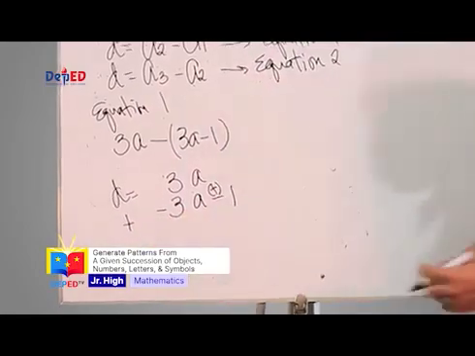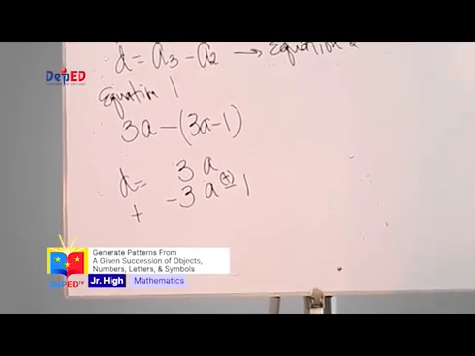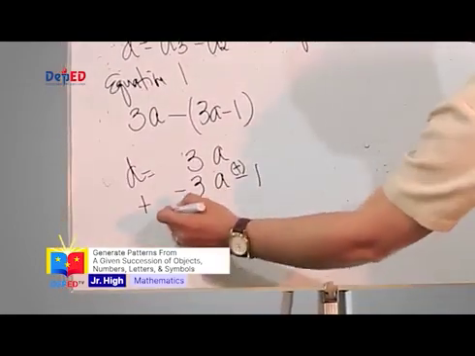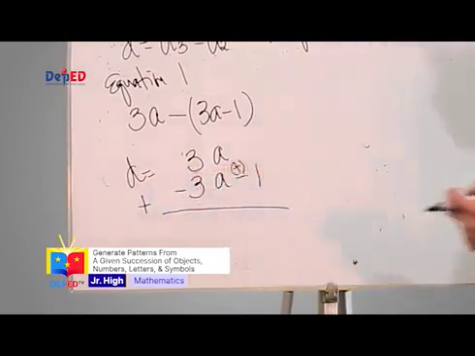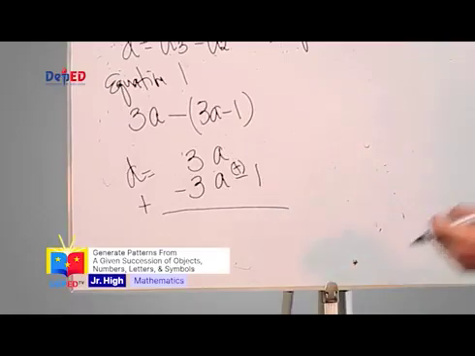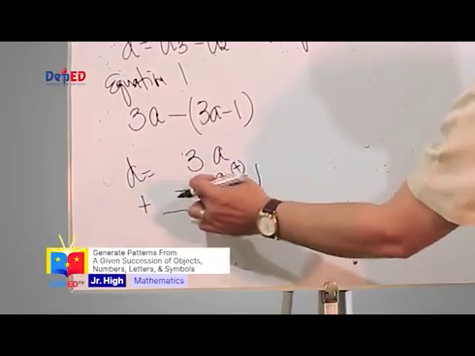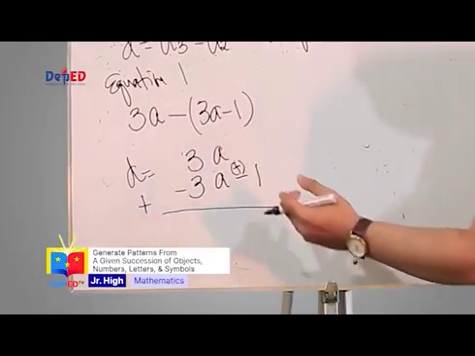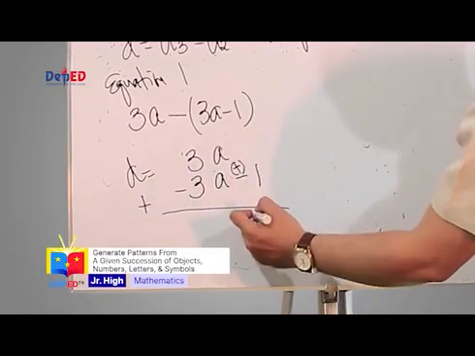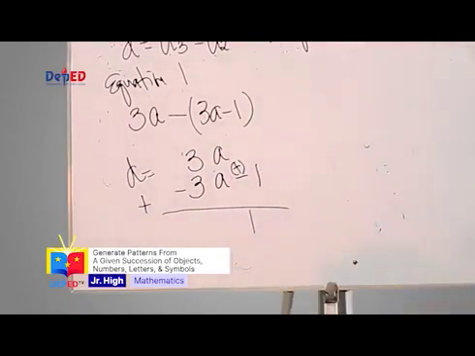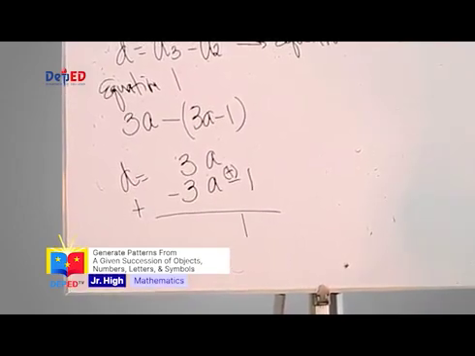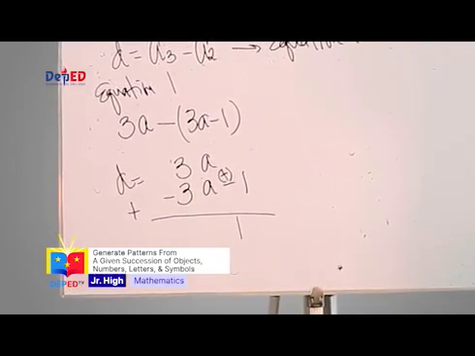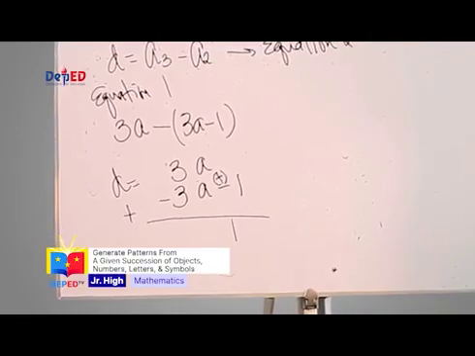Then we will proceed to addition rules. Since these two numbers are opposite in sign, we will subtract. 3a plus negative 3a is 0. We will have 1. You are right. The common difference is 1.